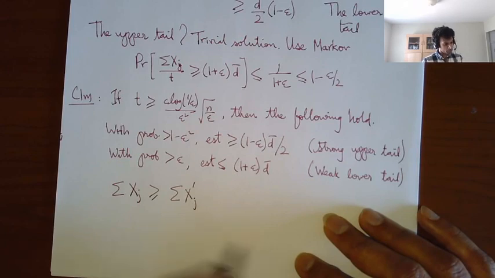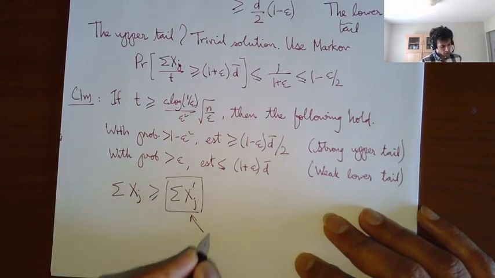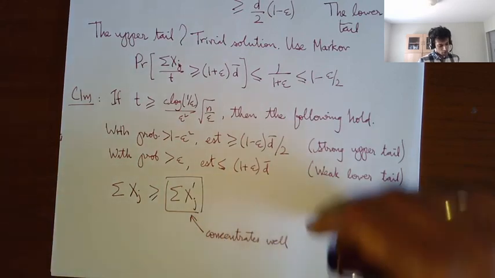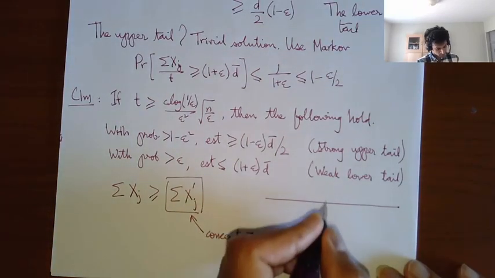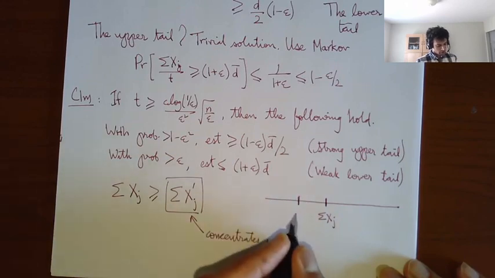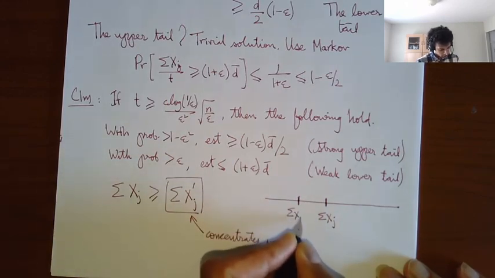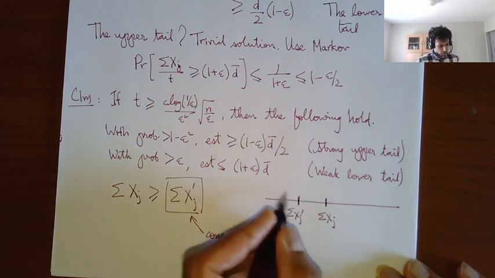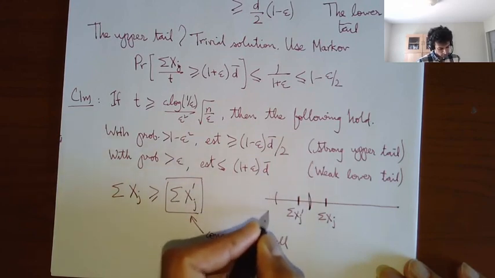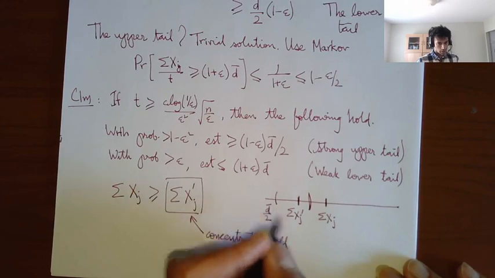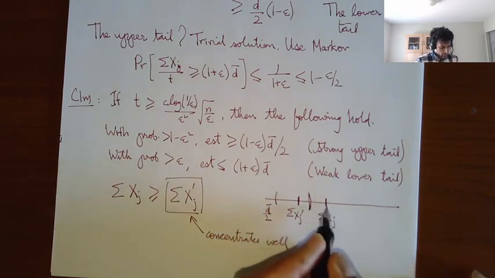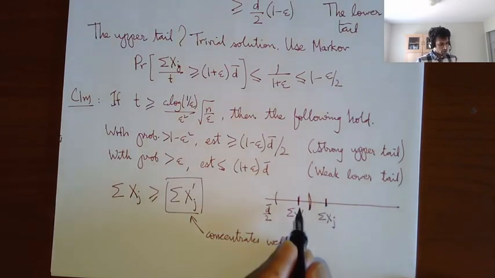Right, this is what we've shown. This concentrates well. So let's just draw a picture here. This is the summation of xj. We know that this is a summation of xj prime. So we know that this is going to be at least d over 2. But this could be really far out over here. We just know that this is a lower bound.